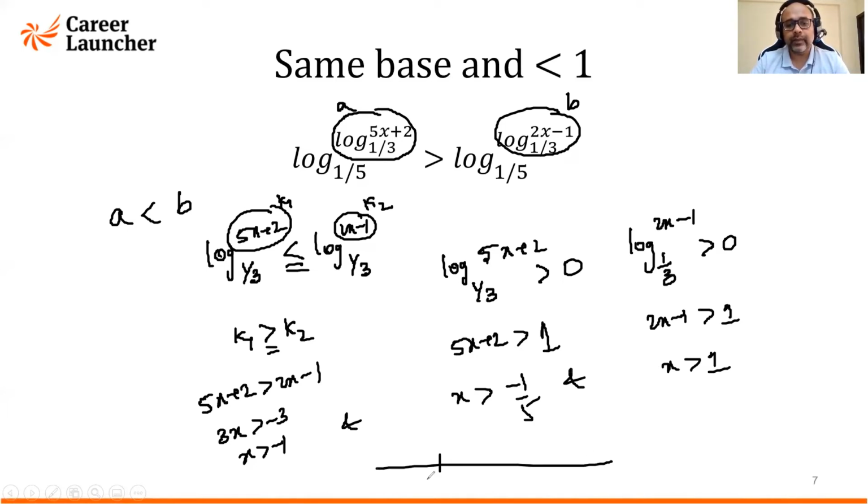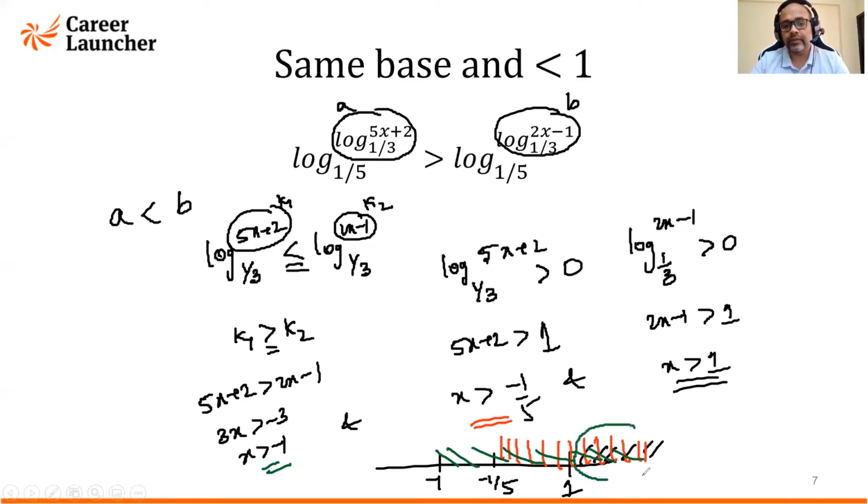So you have minus 1, minus 1 by 5 and 1. So x greater than 1, this is the region. Now if I mark x greater than minus 1 by 5, this is my region. And when I mark x greater than minus 1, that region will become like this. So the common for all of them is your x greater than 1, and that is your final answer.